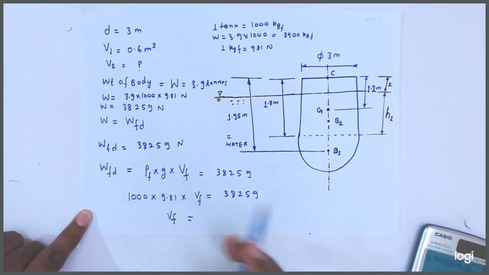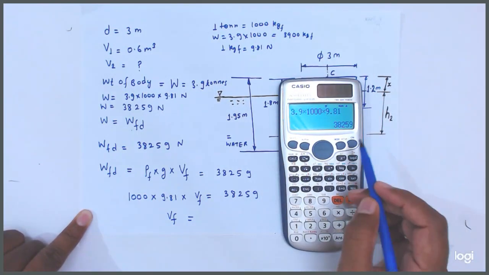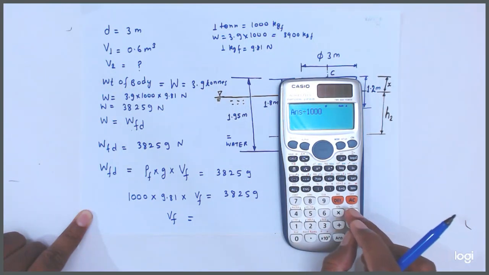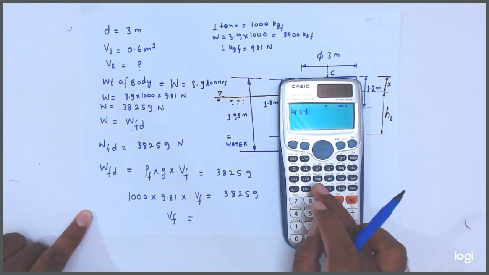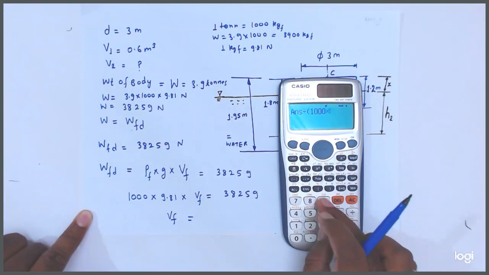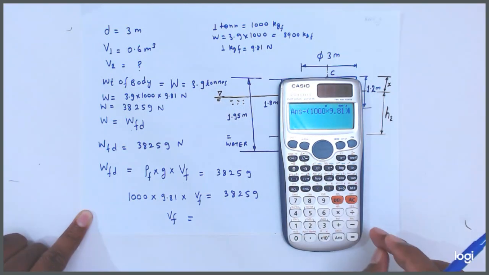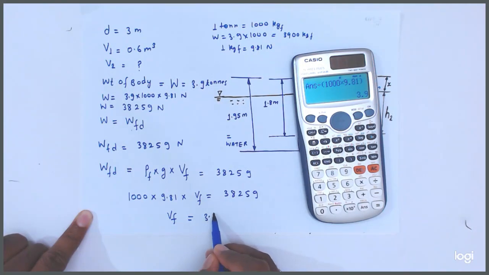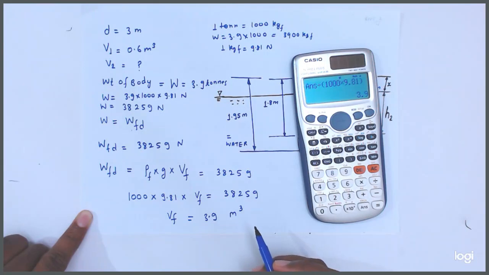We will divide by this one. So directly we can divide 38259 divided by 1000 into 9.81. Okay friends, so it will give friends here 3.9 meter cube.